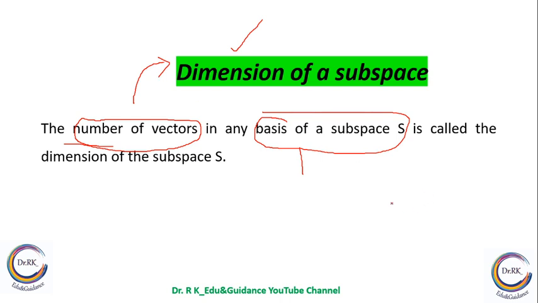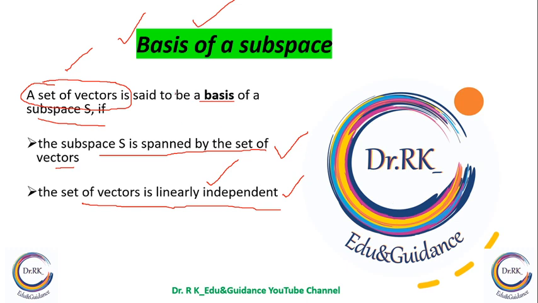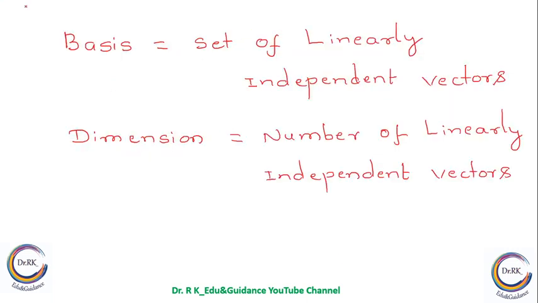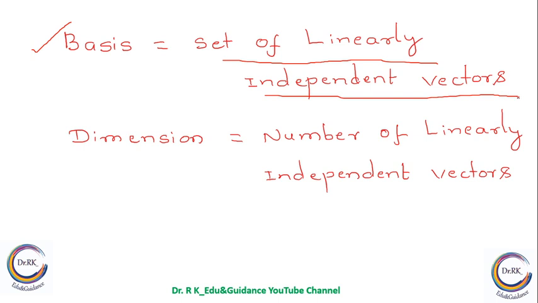Try to understand these two definitions, basis and dimension. In a simpler sense, basis is a set of linearly independent vectors, and dimension is the number of linearly independent vectors. How many linearly independent vectors are there? That is the dimension.